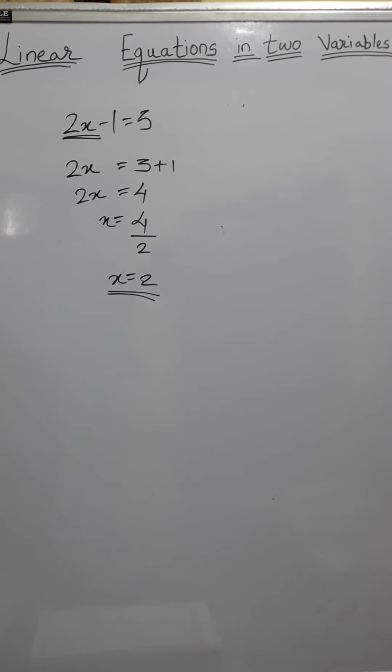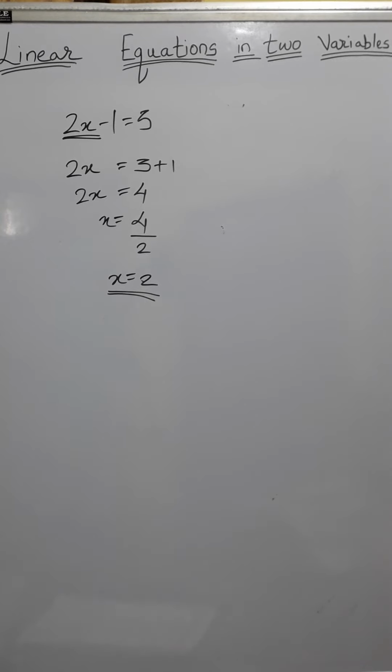Now in this chapter, linear equation in two variables, why is this equation called a linear equation? An equation which contains two variables, and the degree of each term containing a variable is 1, is called a linear equation in two variables.